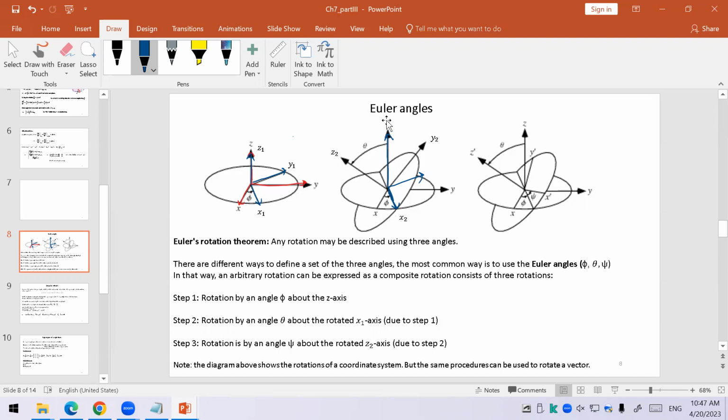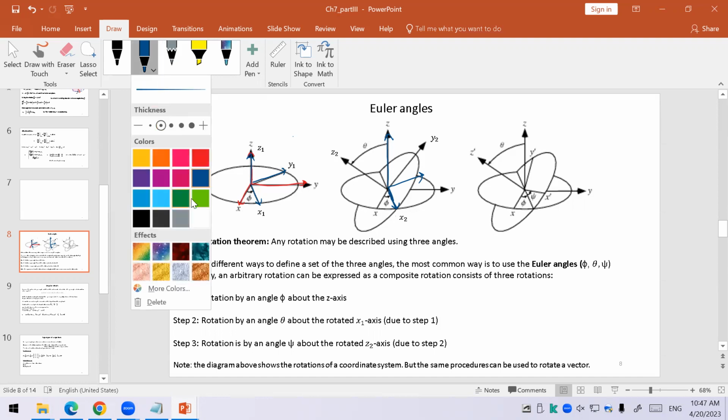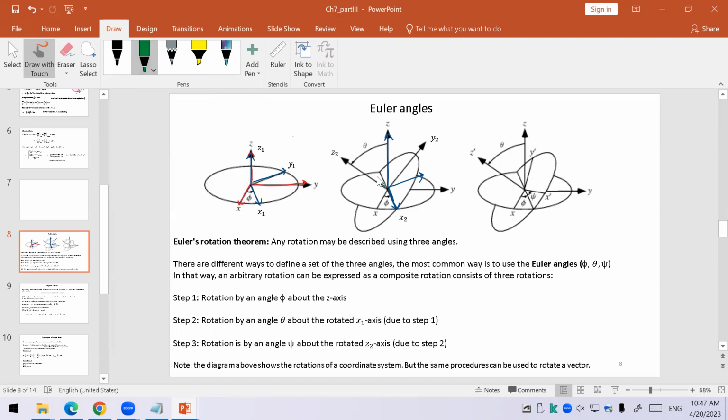So now the z1 axis is no longer pointing up, instead it's pointing over here. So after the second step, I have this green coordinate system. So finally, I'm going to take this green coordinate system, I will draw it again over here.